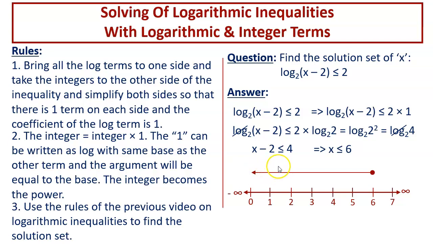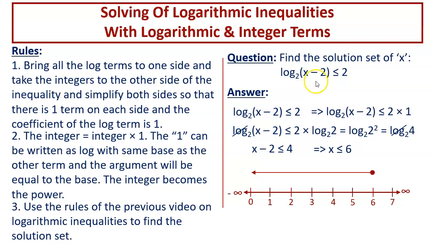Another inequality we have arises from the fact that the argument of a logarithmic term cannot be less than or equal to 0. It has to be greater than 0.